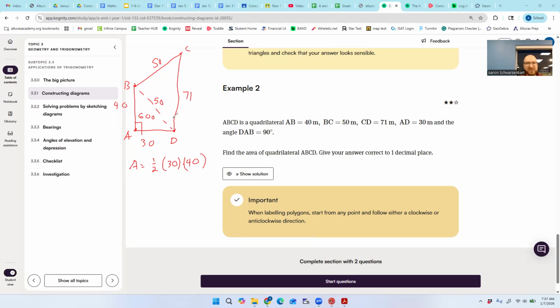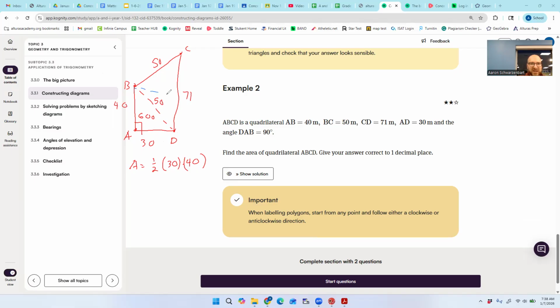This next one is where it gets tricky. This diagonal here is 50. I did know that, that was pretty straightforward because 3, 4, 5 right triangle on ABD. Couple ways I could do this.